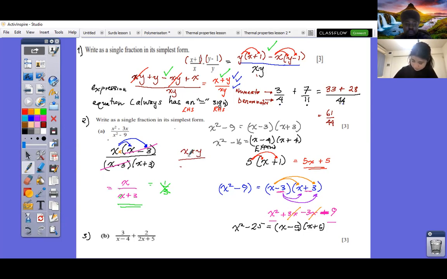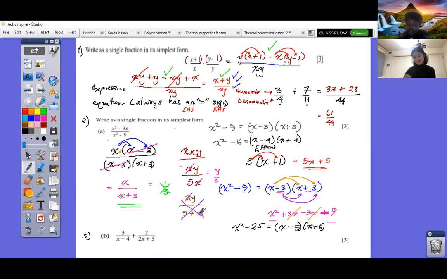If you have x times y, let's just say xy over 5x, then at this point, Sayaka, you can absolutely cross them out and say my final answer is y over 5, because the terms are multiplied. But if you had xy over 5 plus x, then do not cross the x's out. You can't do that.